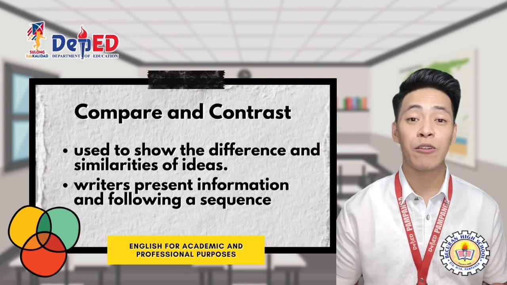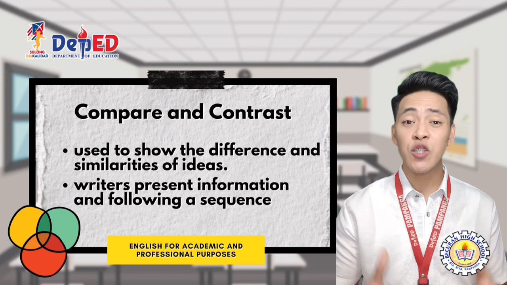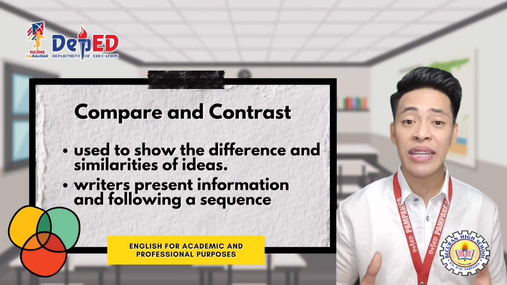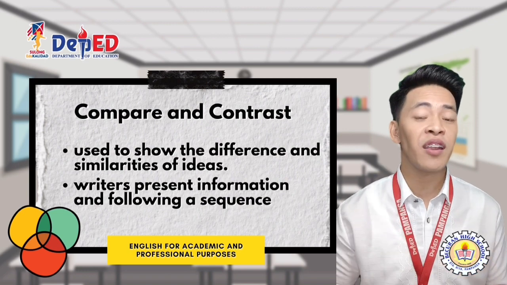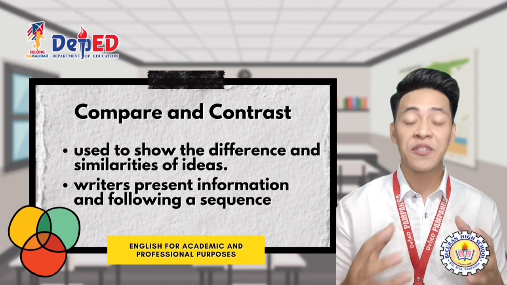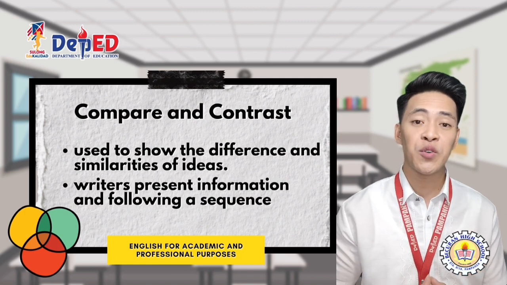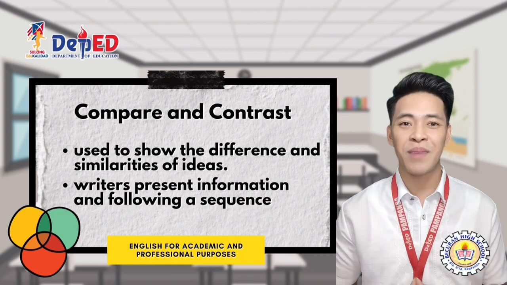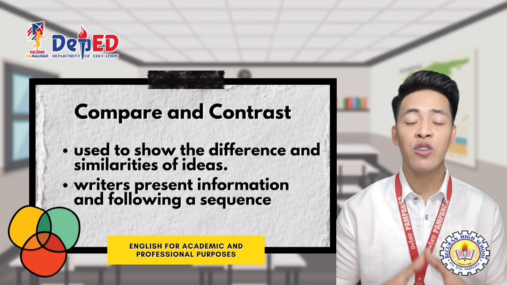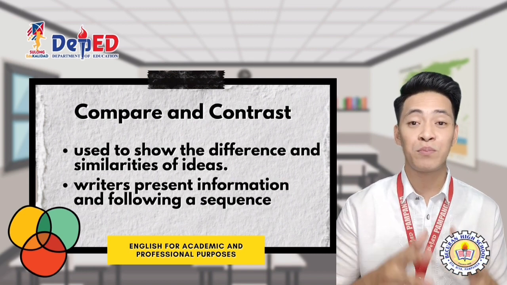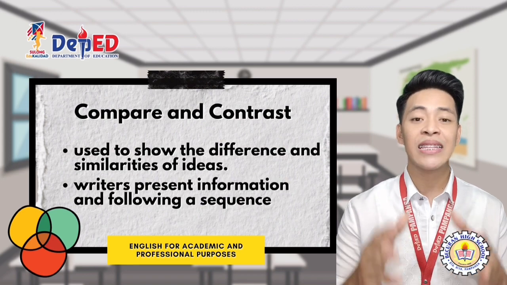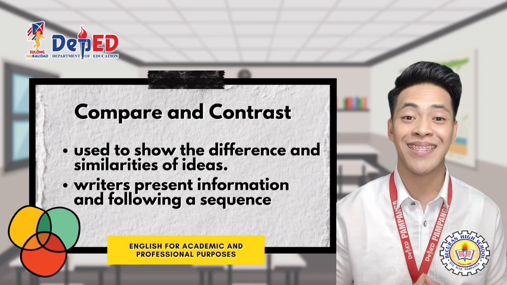Now let us have the compare and contrast. This is used when the writer presents two different ideas or more, showing their similarities or differences, and its purpose is to come up with a judgment. And when you use this type of structure, you are following a sequence in presenting, defining, and explaining your ideas.